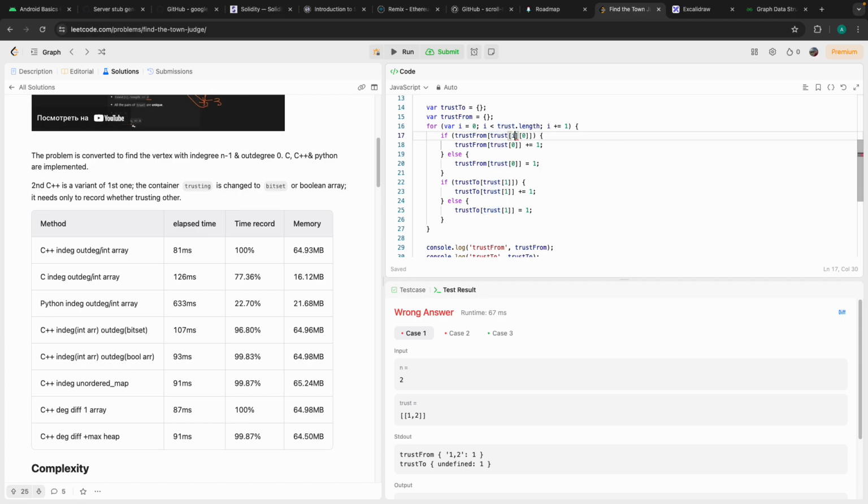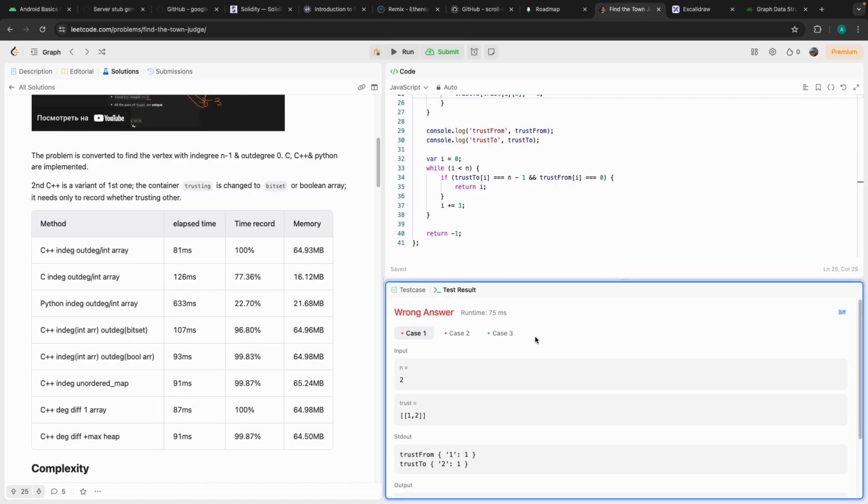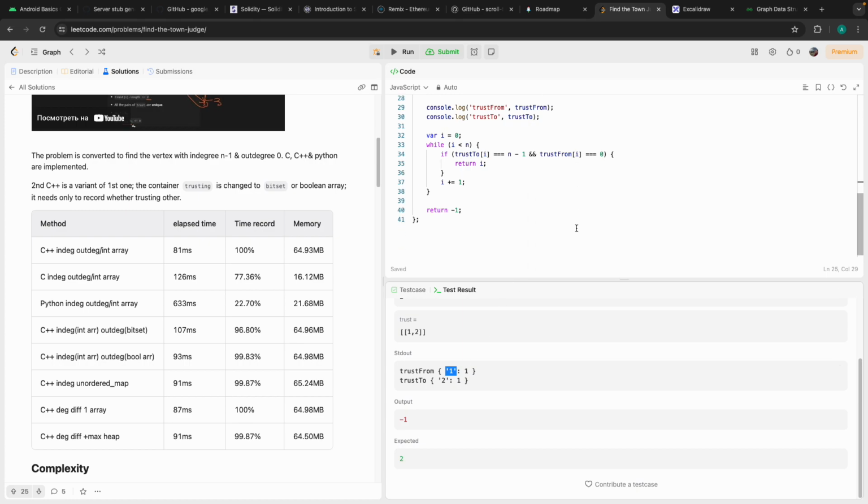I mixed up the indices. Here it is. Trust from. Sorry. Trust from 1, trust 2, 1.